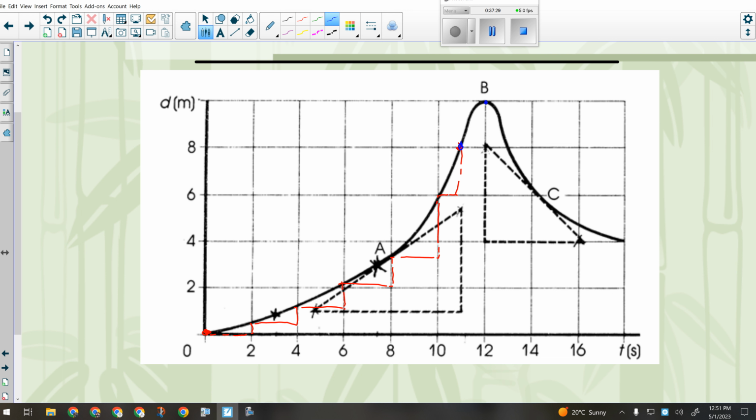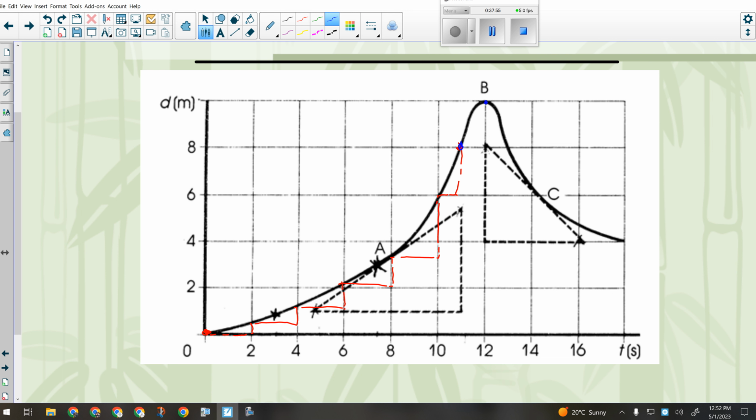What does this graph represent? Graph of that.